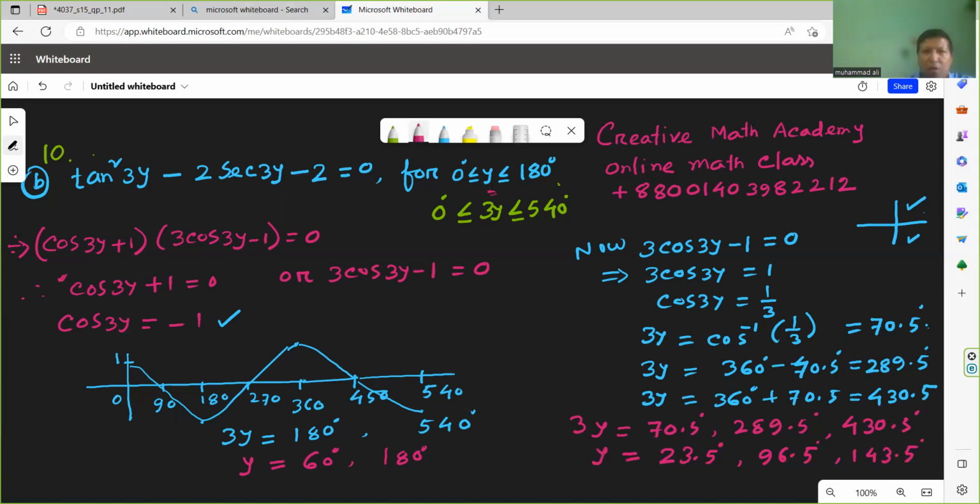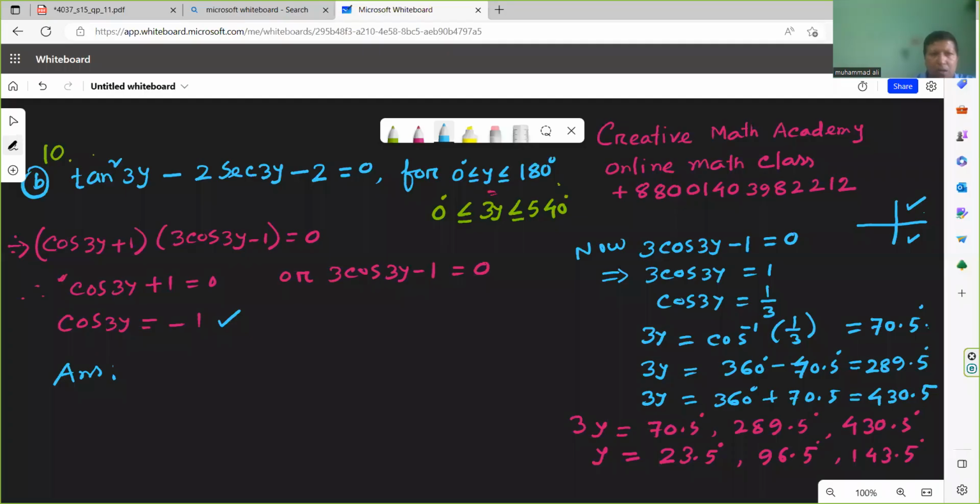So our final answer: y equals 60 degrees, 180 degrees, 23.5 degrees, 96.5 degrees, and 143.5 degrees. This is the question 10B answer.